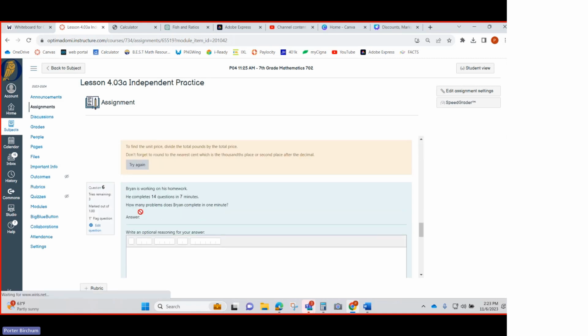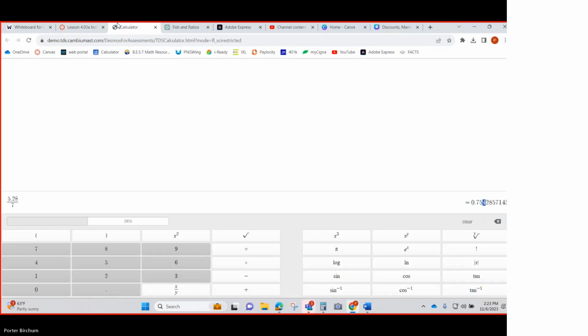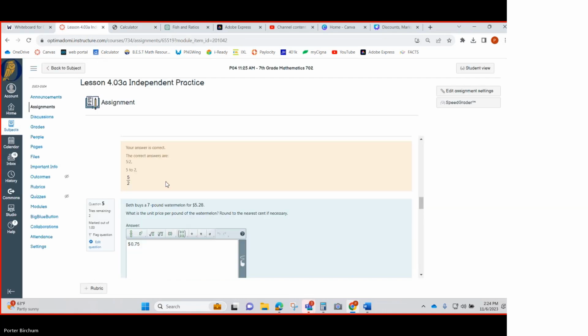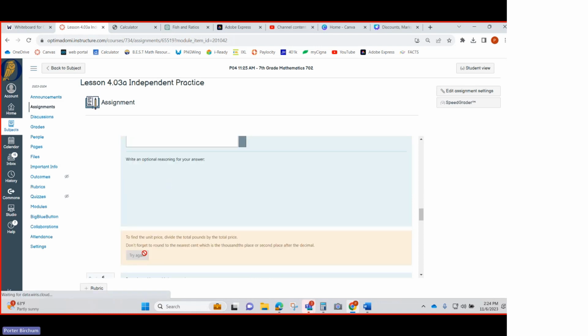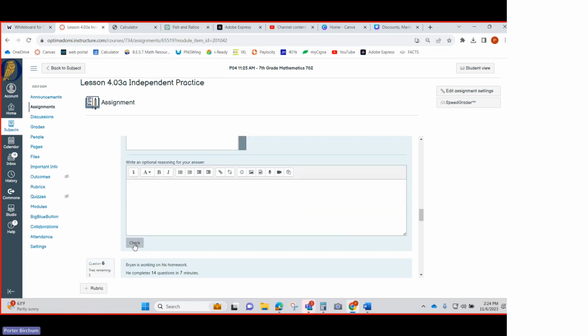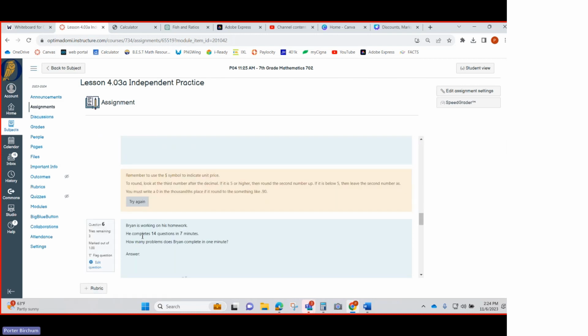Oh, wait, I might have gotten it wrong. What is the unit price per watermelon? Maybe I need to write it as not money. 7.5 to 1. Let's see what's the magic way? Dang, remember to use the dollar symbol.